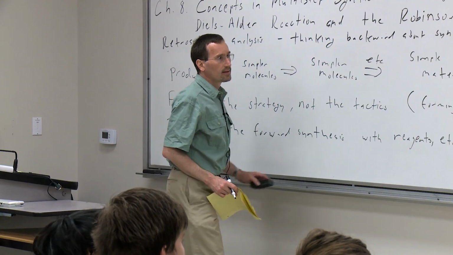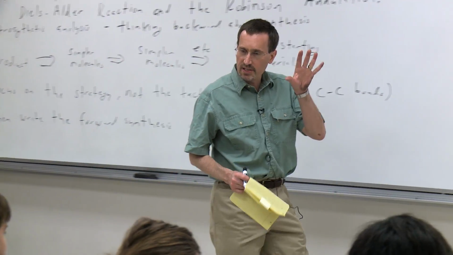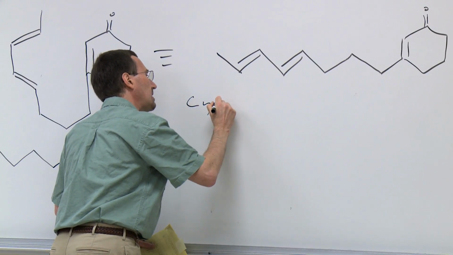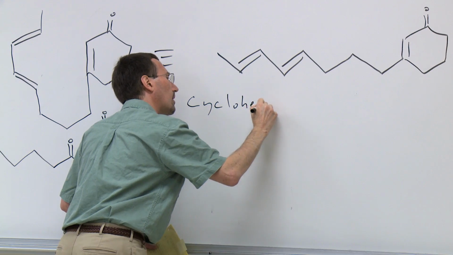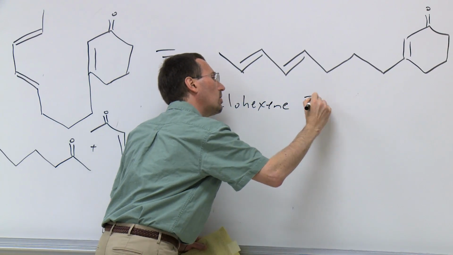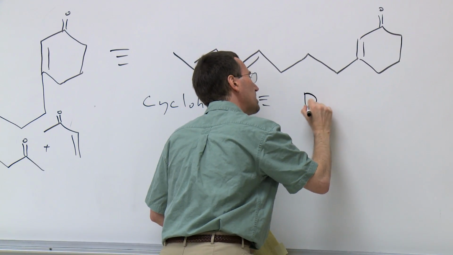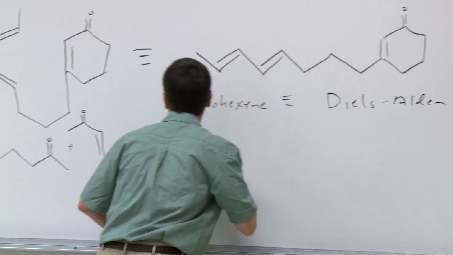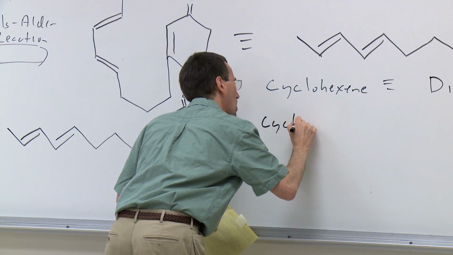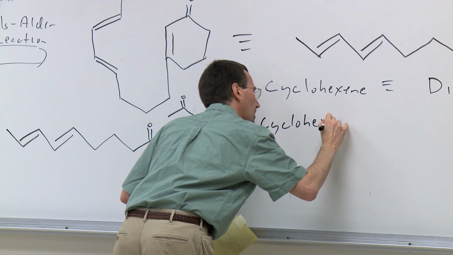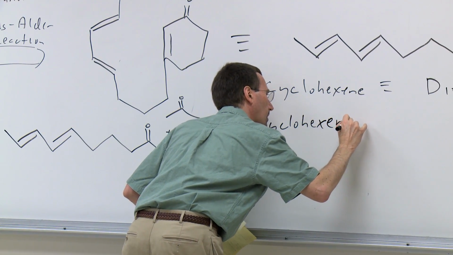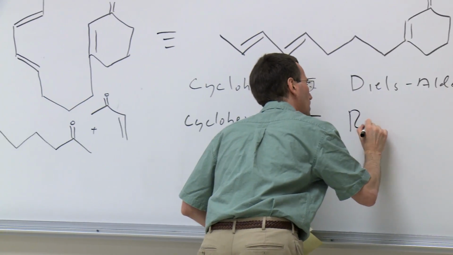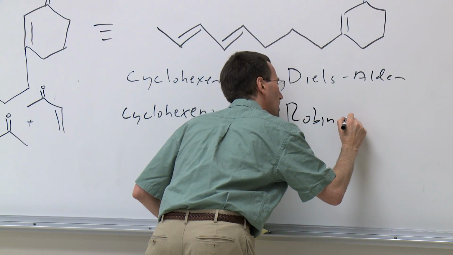So basically, if we want to summarize, I'd say cyclohexene clues us in to maybe a Diels-Alder, and cyclohexenone clues us in to maybe a Robinson annulation.